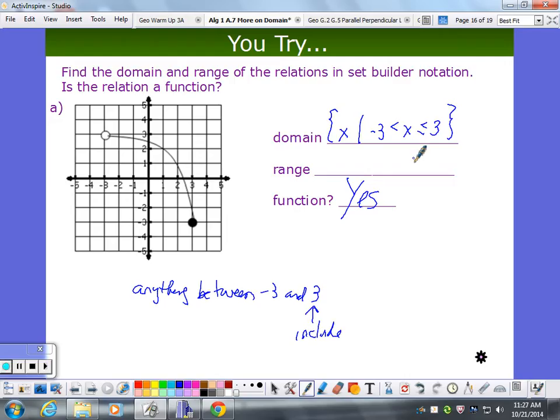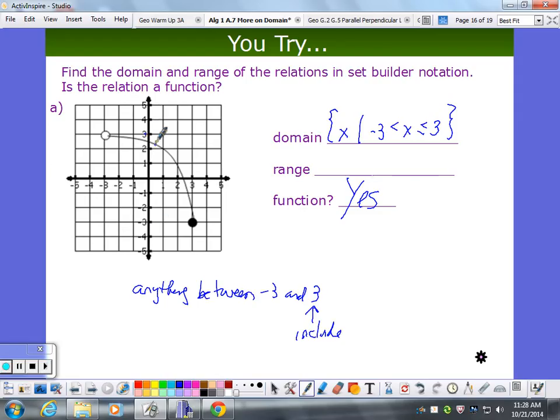That's domain. Now what's the range? Now the y values are going up and down. So what are the y values here? What are the valid outputs? Okay, tell me in words here, Ryan. It's between negative 3 and then stuff here, stuff here, to 3.